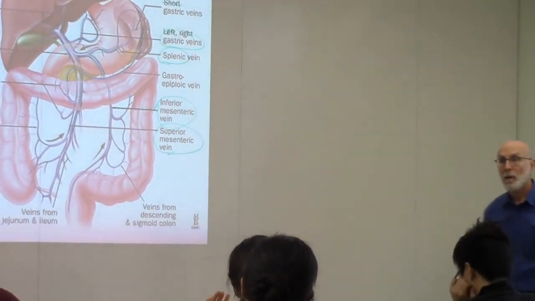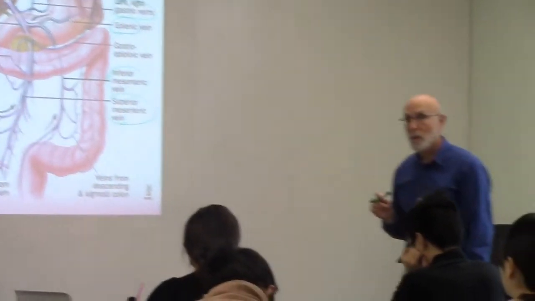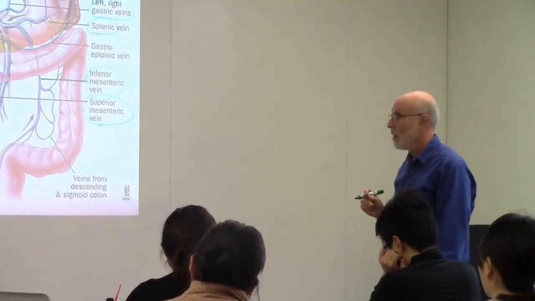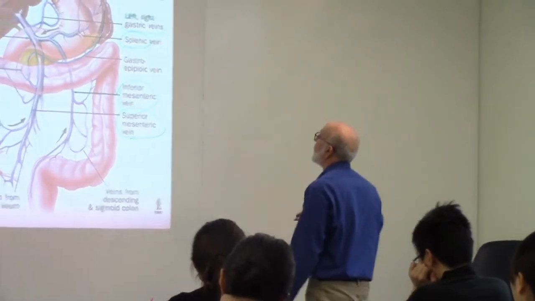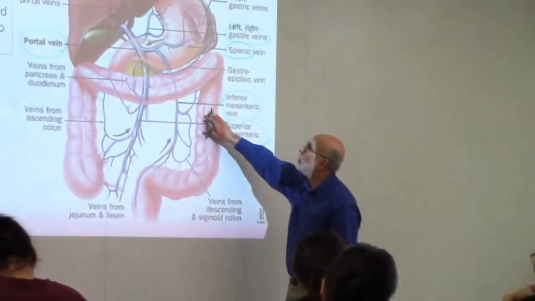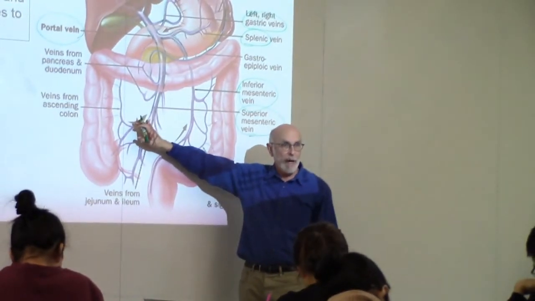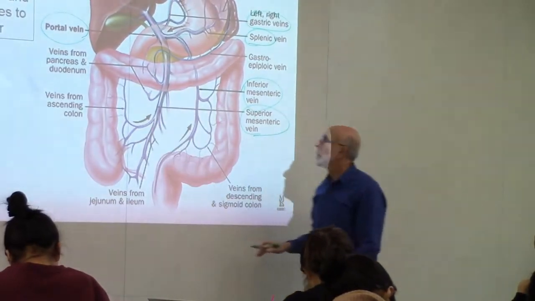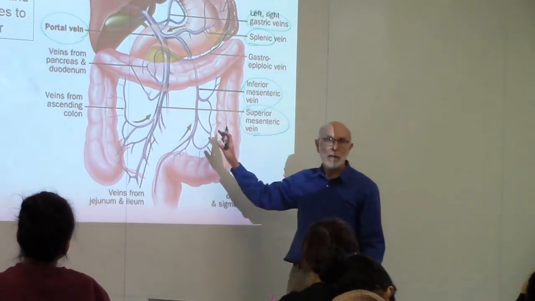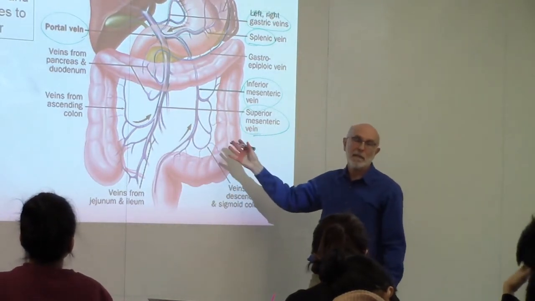Andrew? So, we can know the difference between our inferior and superior mesenteric. Yeah, you should know that the inferior is on the left side and the superior is further on the right side. Both of them drain intestines.